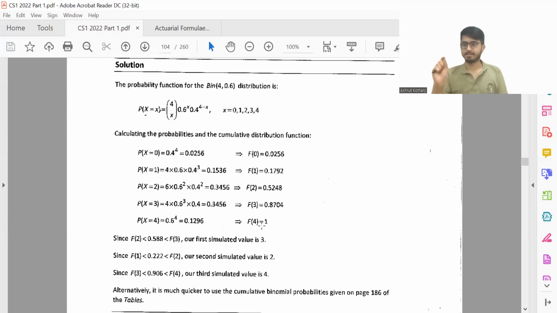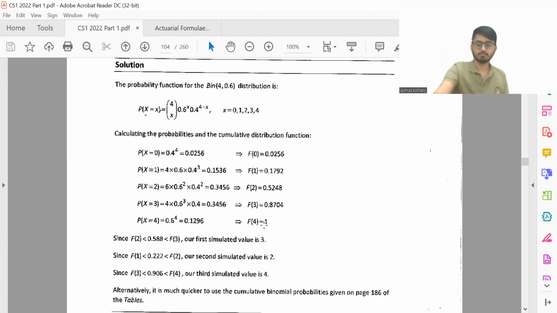Now the syntax is: if U is less than or equal to 0.0256, the answer will be 0. If U is between 0.0256 and 0.1792, the answer will be 1. If U is between 0.1792 and 0.5248, the answer will be 2. Then the answer will be 3. If it is between 0.8704 and 1, the answer will be 4.